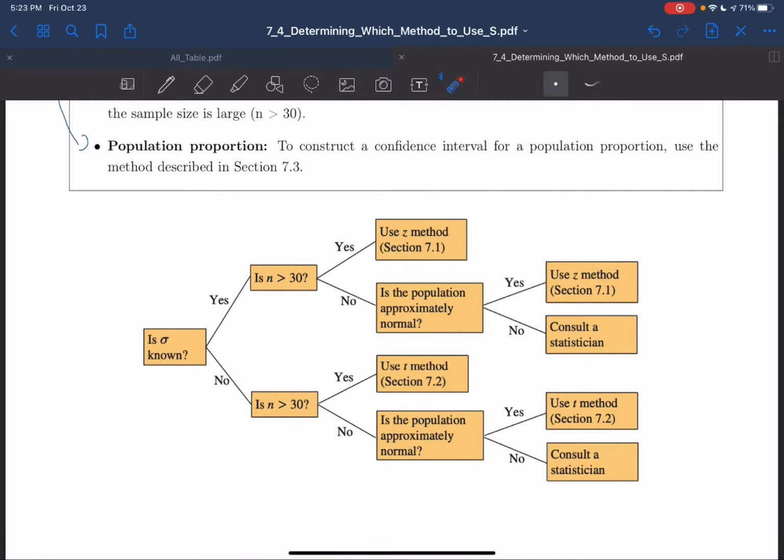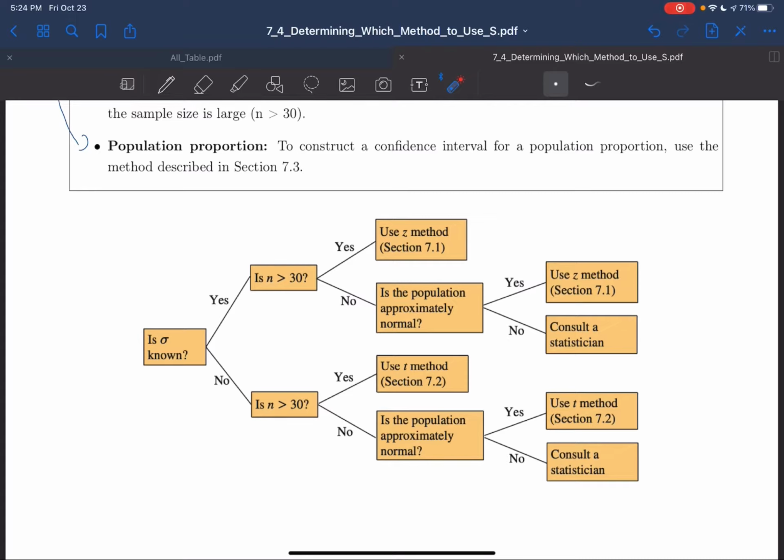The very first thing you want to ask yourself is: is the population standard deviation known? If it is, great. Then you want to ask yourself: is your sample size greater than 30? If it is, that gives you an idea that you got to use the Z method.